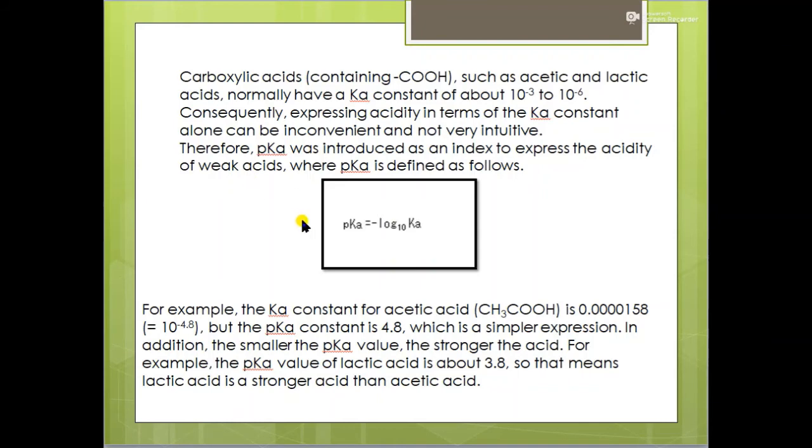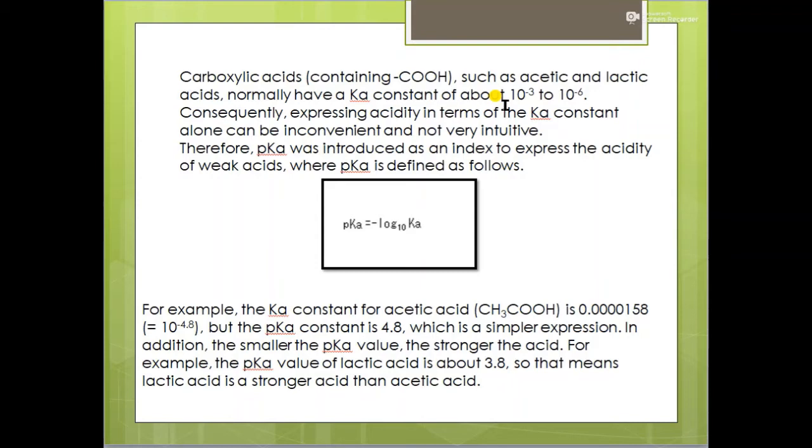Now, let's move on. If you consider carboxylic acids, for example COOH, as in the case of acetic acid and lactic acid, they have a Ka of about 10 raised to minus 3 to 10 raised to minus 6. Consequently, expressing the acidity in terms of Ka alone can be inconvenient and not very intuitive.